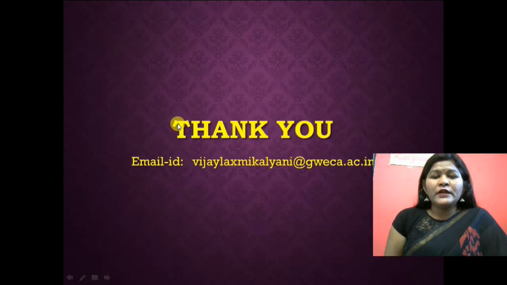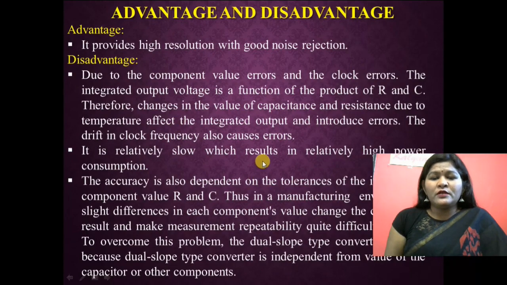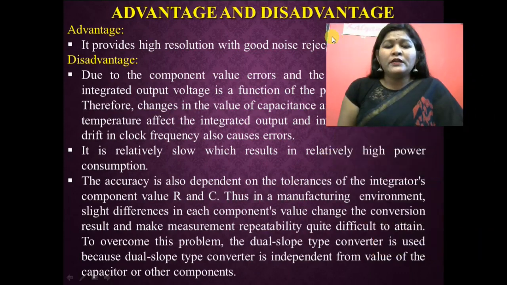It is relatively slow, which results in relatively high power consumption, and the accuracy is also dependent on the tolerance of the integrator's component values, that is, resistance and capacitor. Thus, in a manufacturing environment, slight differences in each component's value change the conversion result and make measurement repeatability quite difficult to attain.